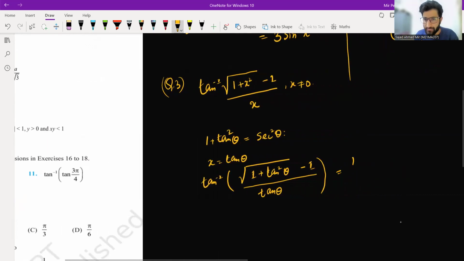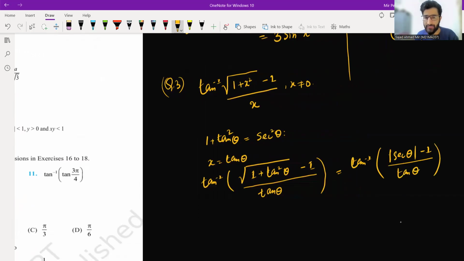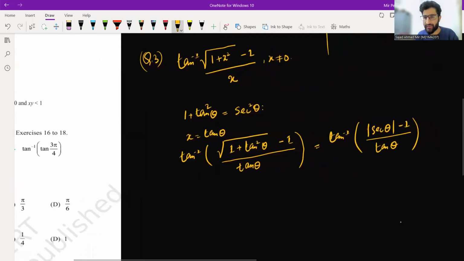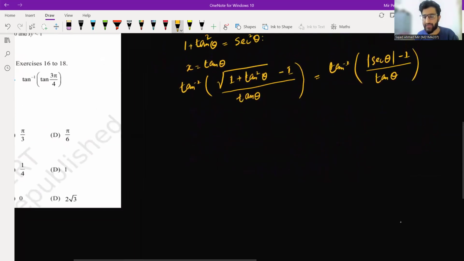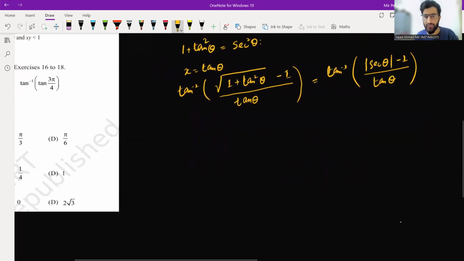Then we get tan inverse of sec of theta minus 1 divided by tan of theta, right? Since the range of sec inverse for which this is defined, we'll be taking the positive root, tan inverse of sec of theta minus 1 divided by tan of theta.